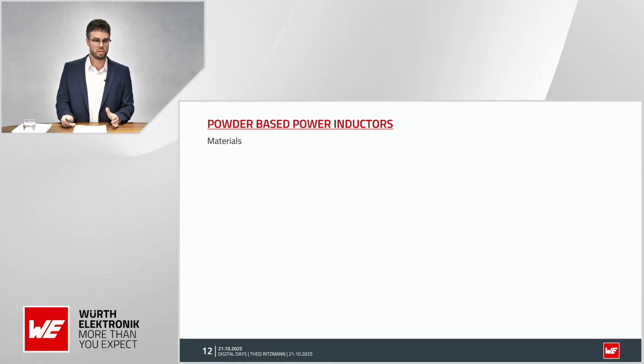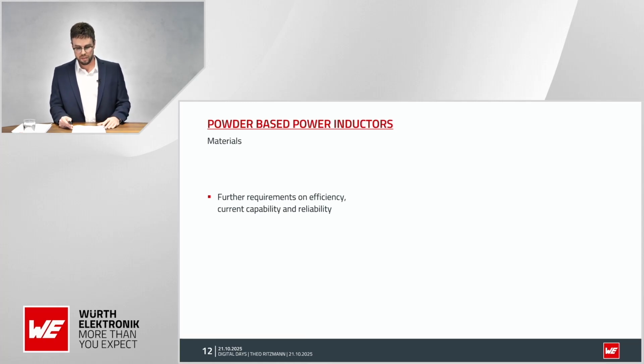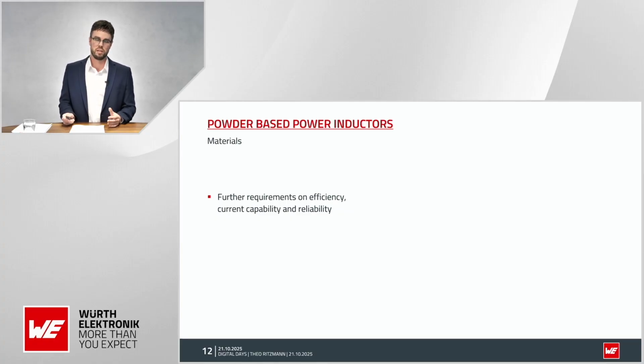Then, what happened regarding the materials? So, as said, the first designs were based on pure iron, but then there came further requirements from the market on efficiency, on current capability, and reliability. For example, iron is kind of sensitive to rust, therefore also you can work a little bit on these materials.